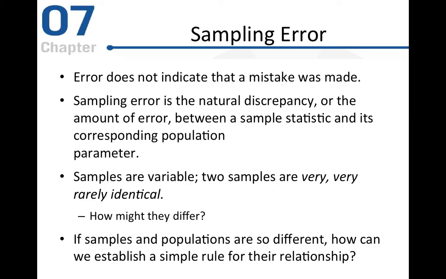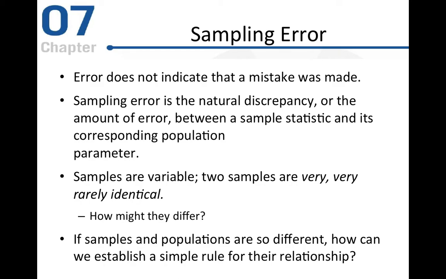And so we saw this whenever we were looking at standard deviation in populations and individual scores. There's a natural error or discrepancy between the score and the population mean.